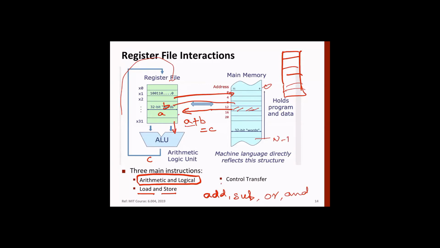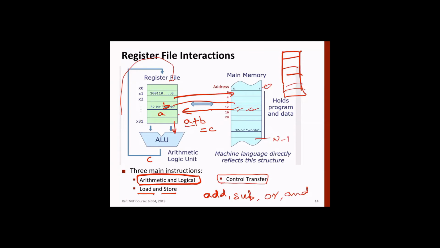control transfer. Now, remember one thing: the main difference between a calculator and a program that we execute in a computer is that in a calculator, there is nothing for decision making. You can do certain operations in a sequence, that's it. The power of a program, or of the code we write, comes not only because of the A and B operations we are doing, but because of the decisions we take.